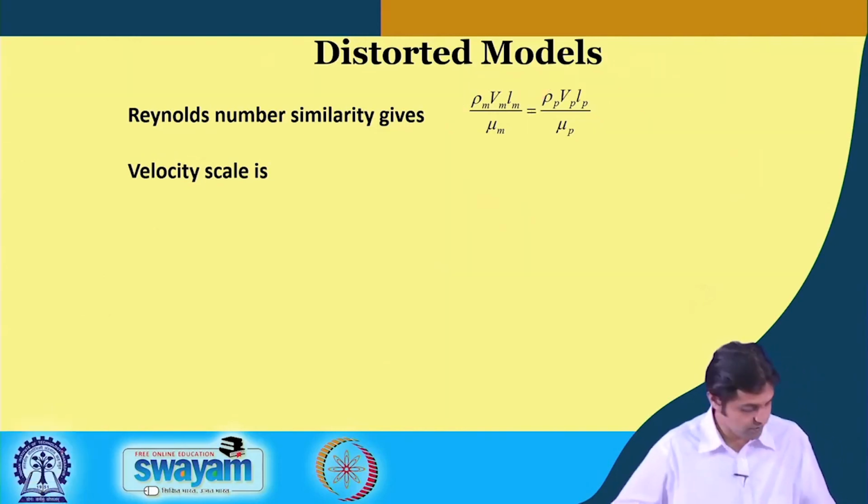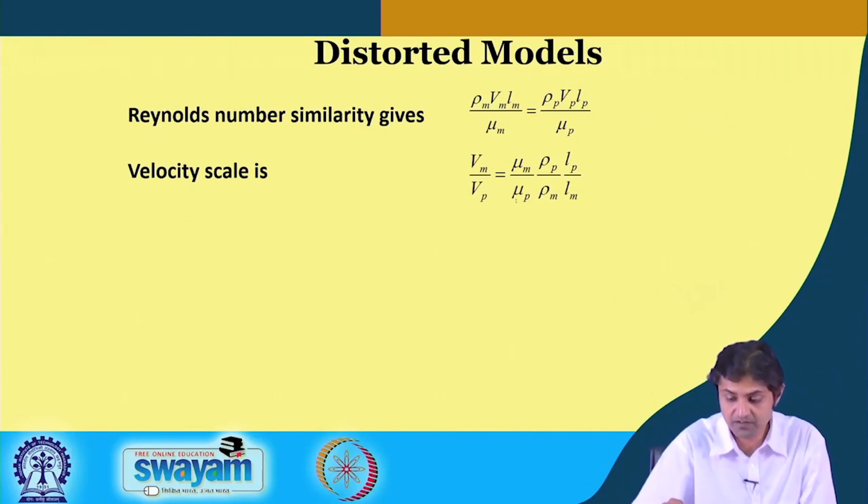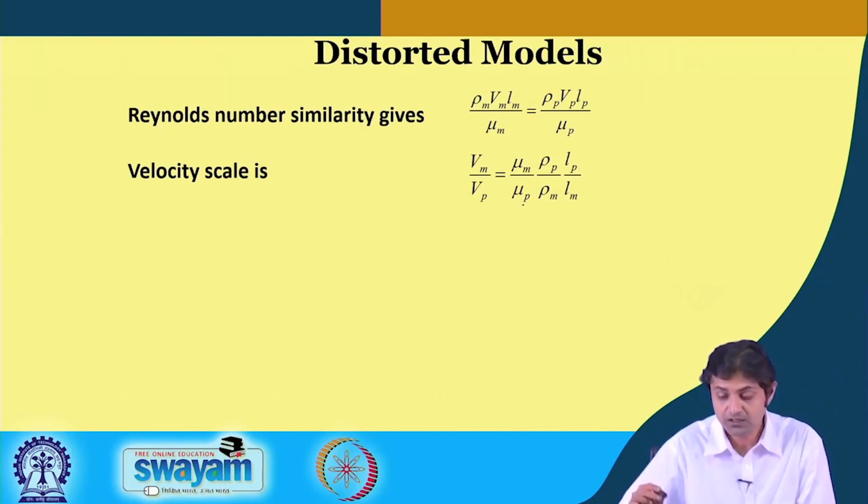Based on that, the velocity scale is going to be Vm by Vp is mu m by mu p into rho p by rho m into Lp by Lm.